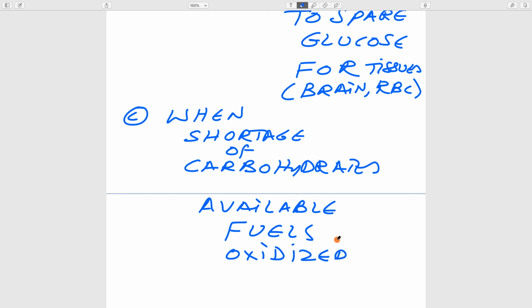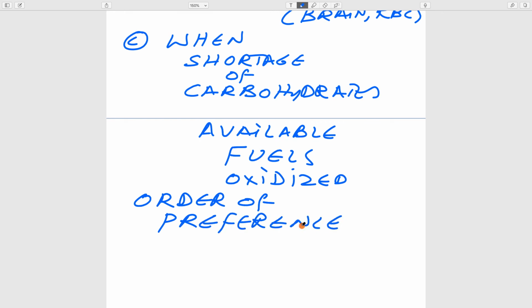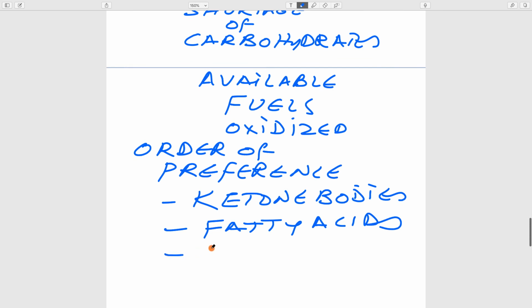What is the order of preference of these fuels? First ketone bodies, then fatty acids, and after that glucose. So these are the general aspects of integration of metabolism.